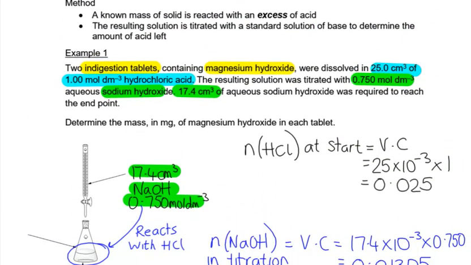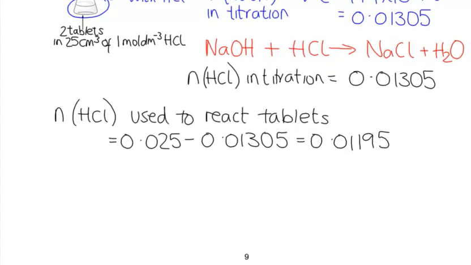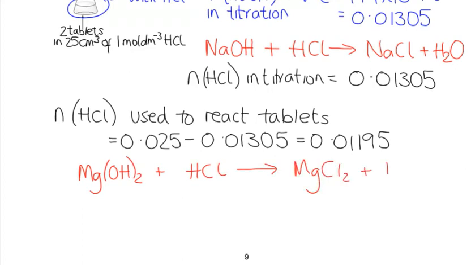Now the question isn't how much HCl was used, it's not just the money. We need to go back and work out therefore the mass of magnesium hydroxide. So what we need now is another balanced equation. How does magnesium hydroxide react with hydrochloric acid to make a salt and water? And if you balance that equation, you'll need a 2 there and a 2 there.